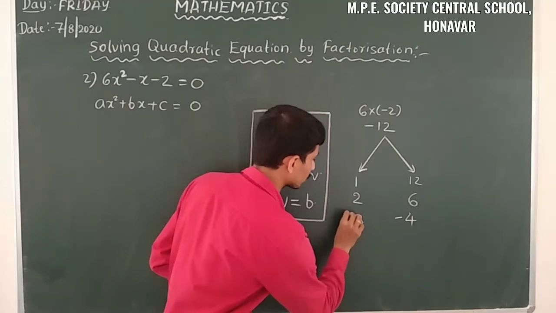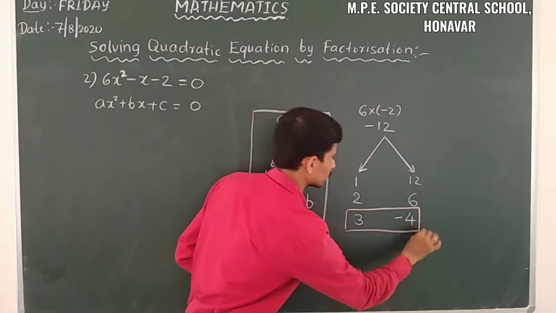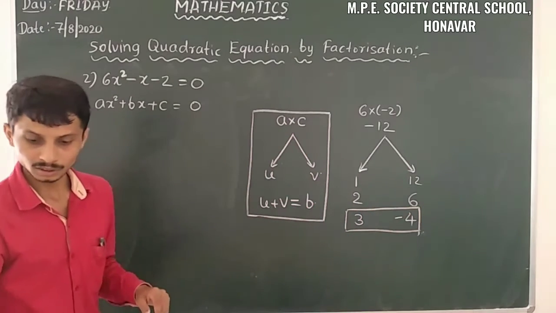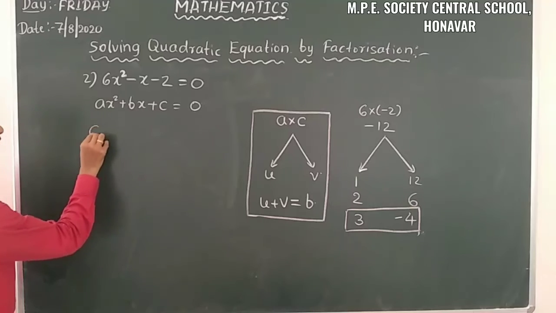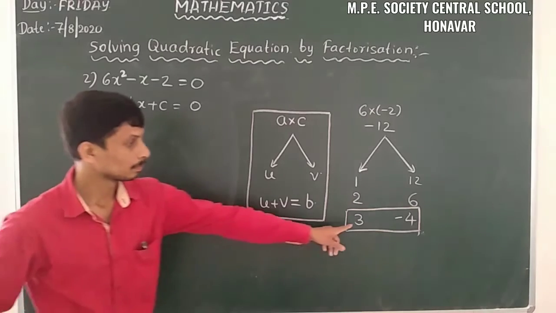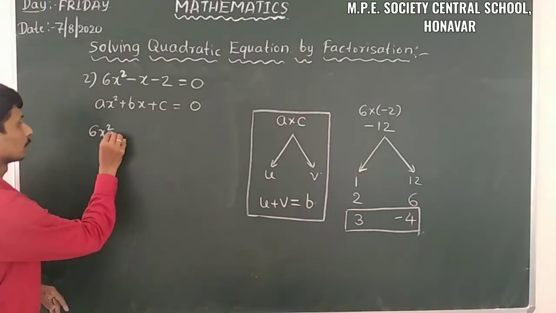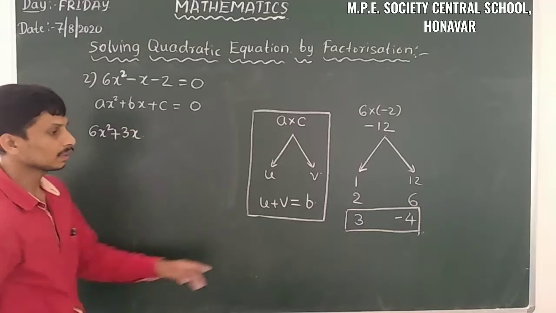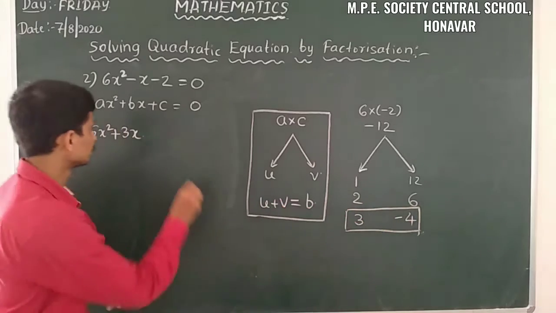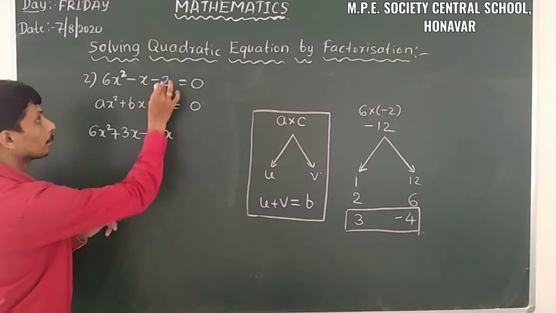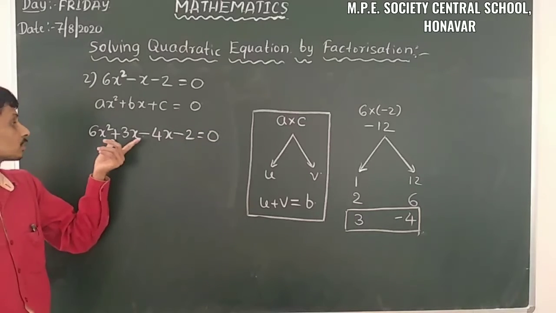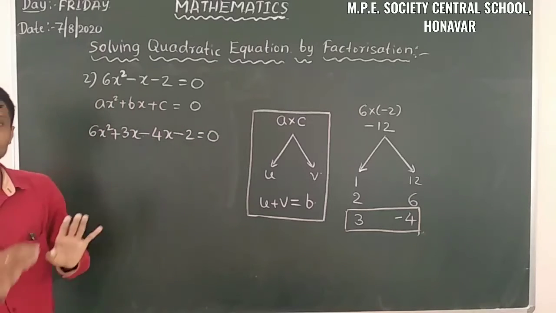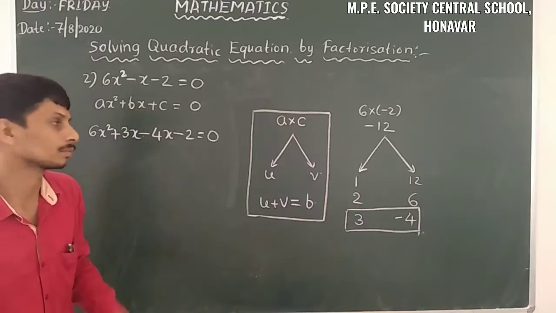So we have to take those two numbers and split the middle term. That is 6x square plus 3x minus 4x minus 2 is equal to 0. Just check, plus 3x minus 4x is minus x, so the value of the equation is not disturbed.